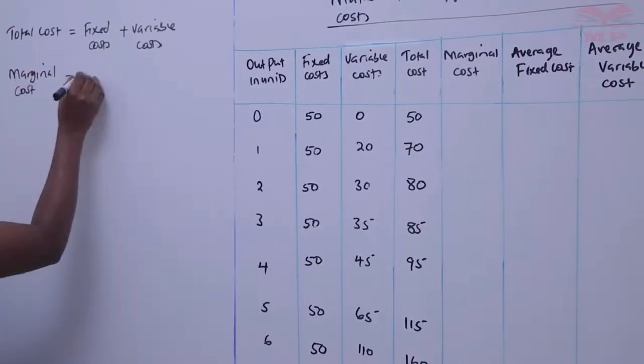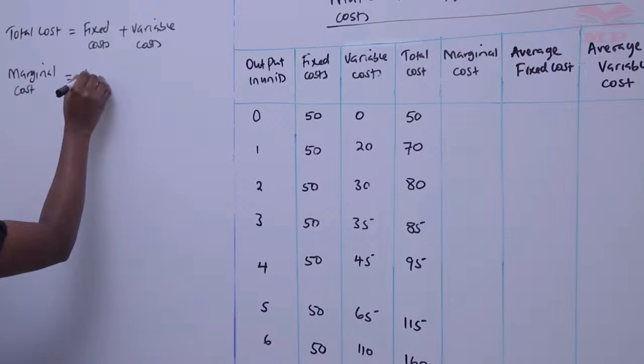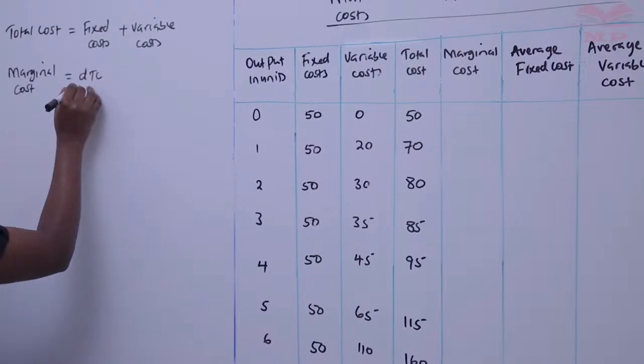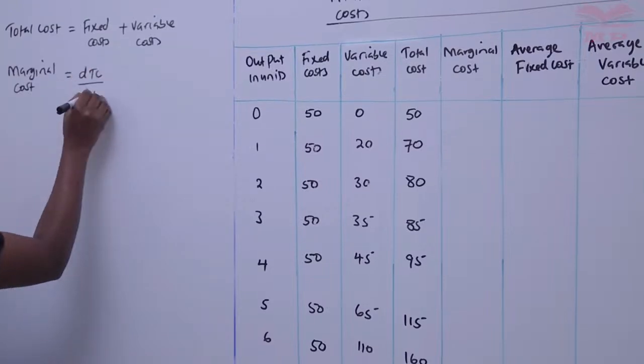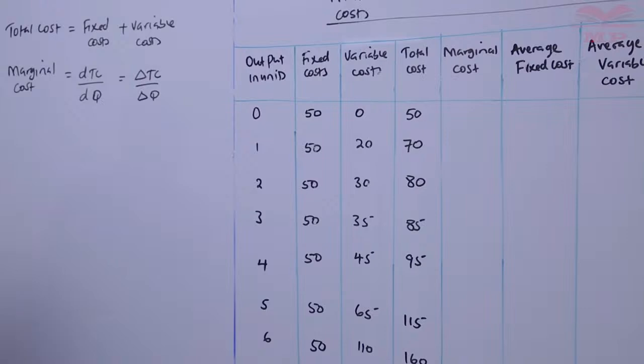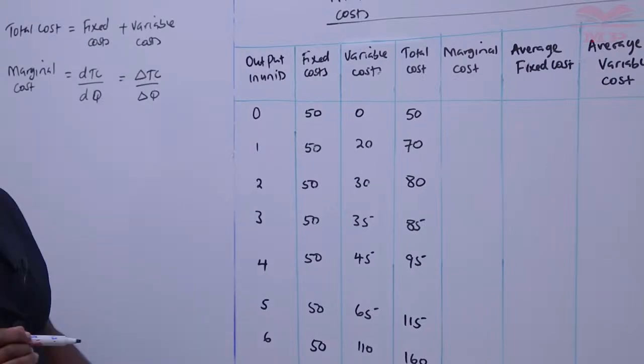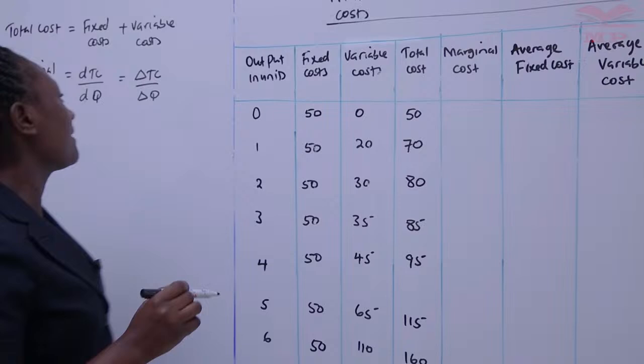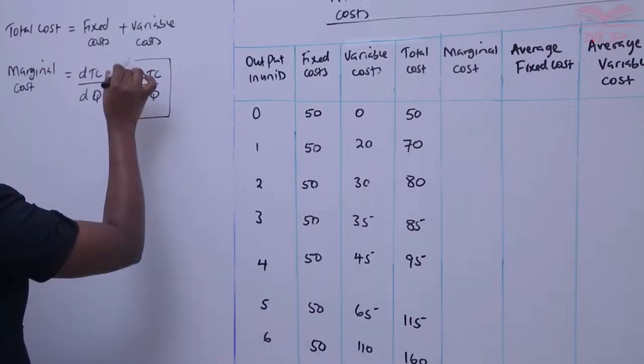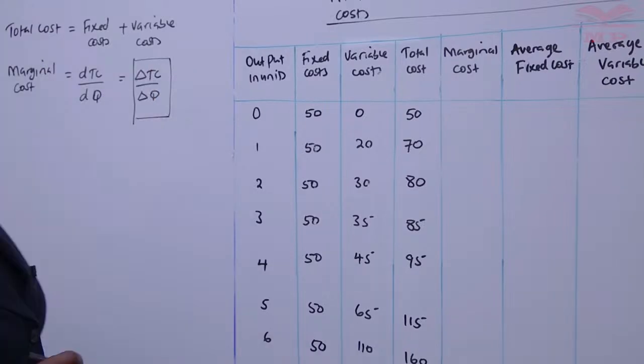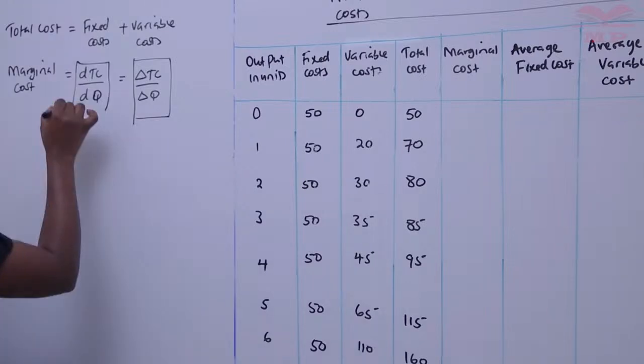For marginal cost, we say this is the change in total cost over change in Q. Whenever we've been given such a table, the formula that we'll use is this change. And where we've been given a function, then this is what we will use.